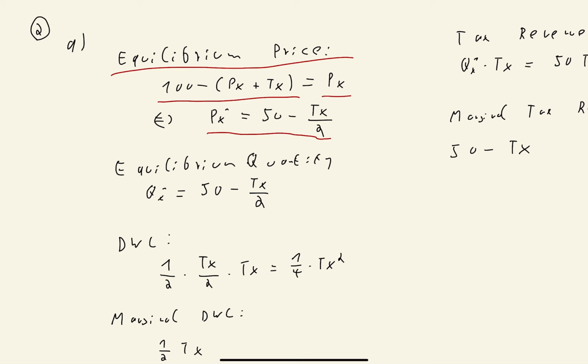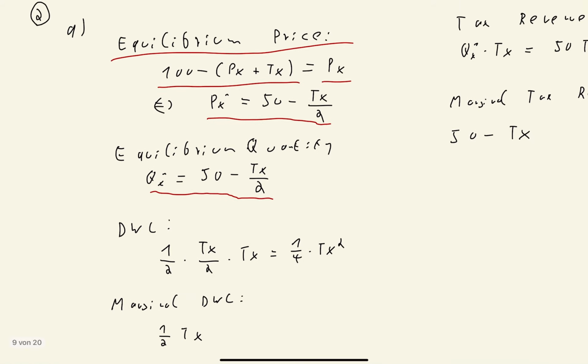Given this equilibrium price, what we can calculate is the equilibrium quantity, and this we can get by simply plugging the equilibrium price into either the supply or demand function, and it will give us an equilibrium quantity of 50 minus Tx divided by 2.